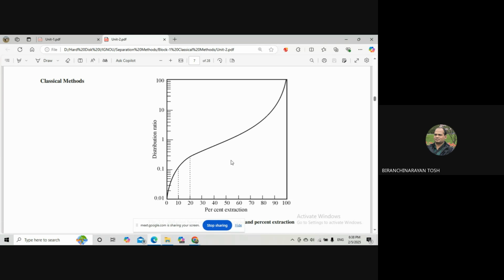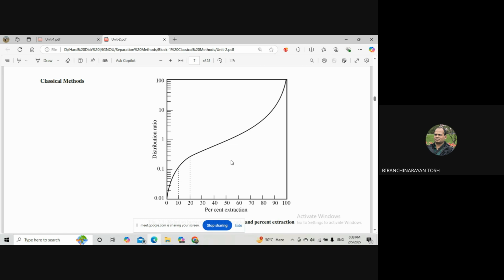It can be seen from the plot that when the extraction efficiency approaches 100%, the distribution ratio approaches infinity as a limit. For the extraction to be in the range of 99 to 100%, the distribution ratio will vary from 99 to infinity.